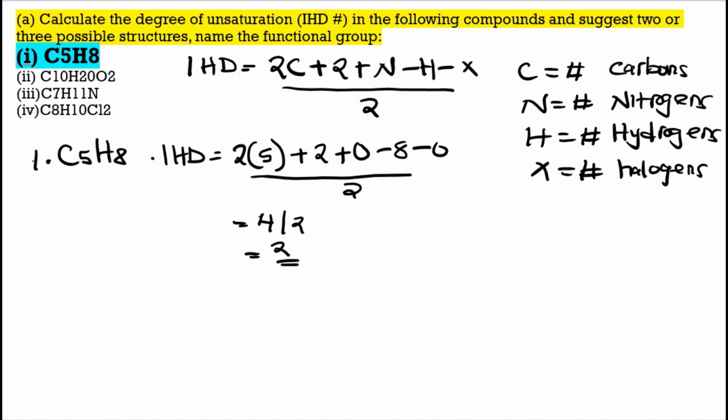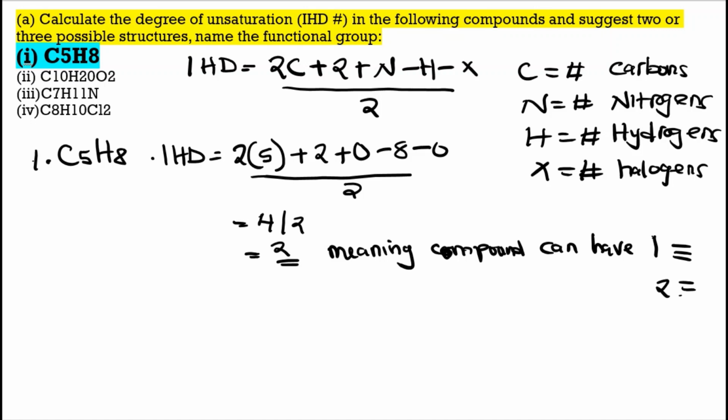A degree of freedom of 2, or the IHD of 2, simply means that the compound can have one triple bond, or it can have 2 double bonds, or it can have 2 rings, or it can have 1 ring and 1 double bond.